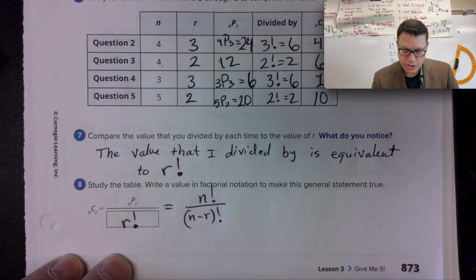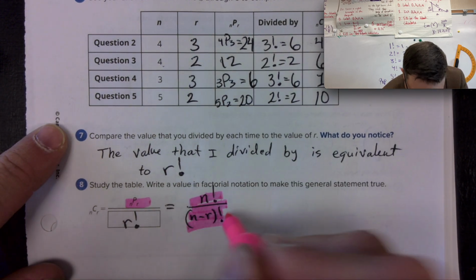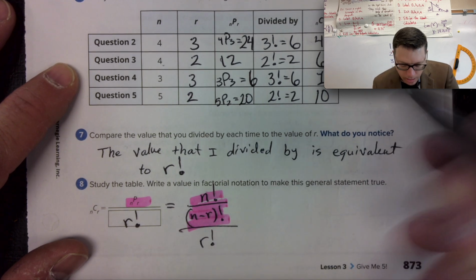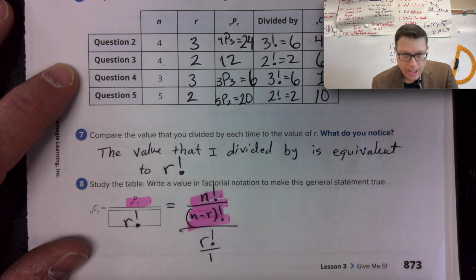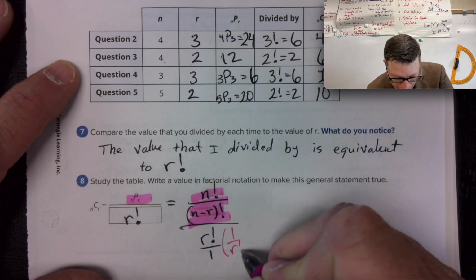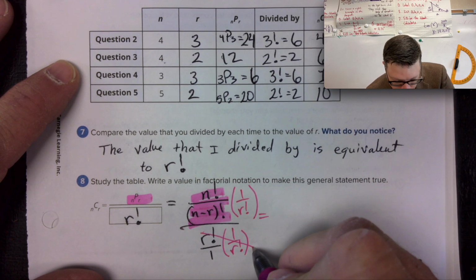This is permutation. Let's get some highlight on there. This is the permutation calculation. But then when we divide by r factorial, put that over a 1, and then use the complex fractions flip and multiply method. Reciprocal, reciprocal, those reduce.